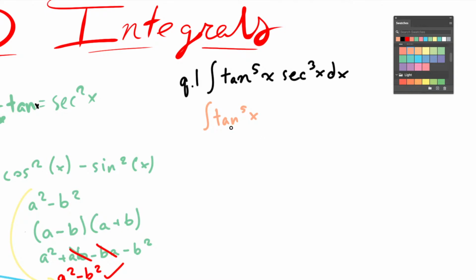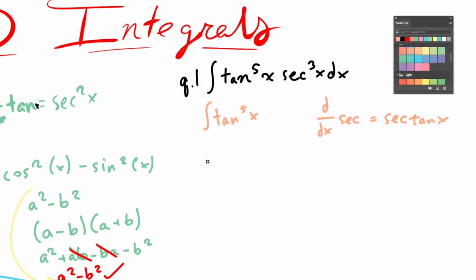Okay, so you know what the derivative of secant x is. Right, yes. Secant tan x. Okay. So you have to think about how you can make a secant tangent x. So basically what you do is you pull a tangent x secant x out.